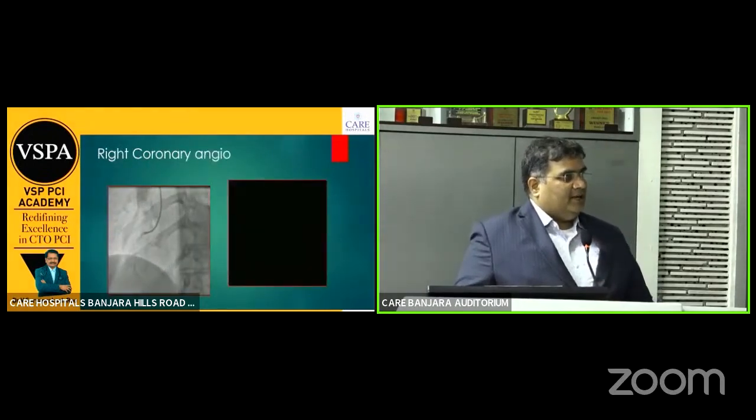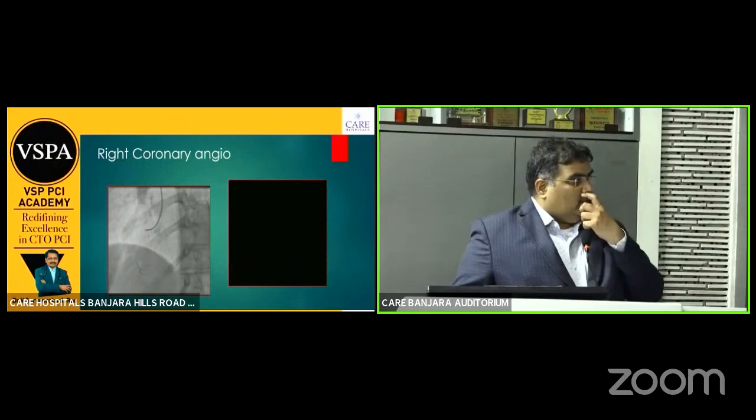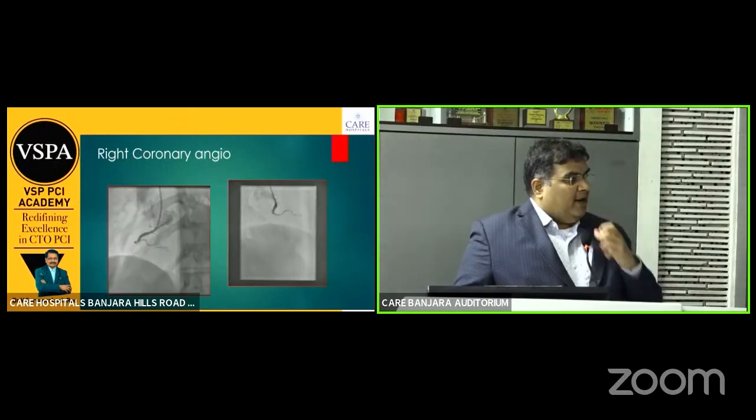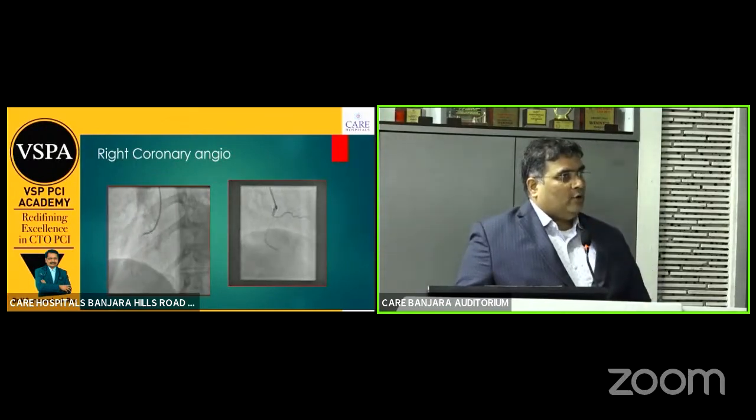So we can see here that the right coronary artery is occluded and there are some intracoronary collaterals, but the length of the chronic total occlusion is more than 20 millimeter and there is a big side branch. The duration of occlusion is not in years, but it is a longer duration, but there is some faint antegrade collateral.